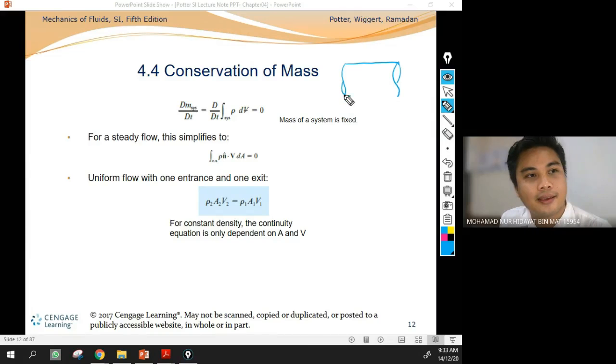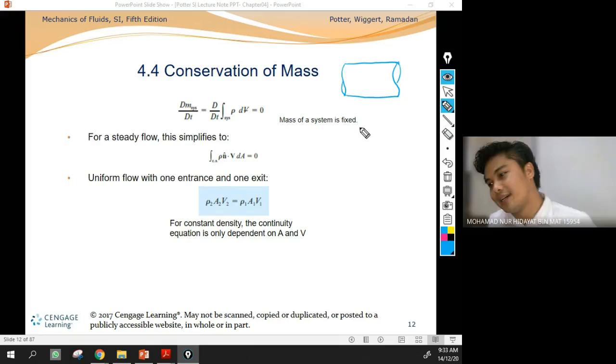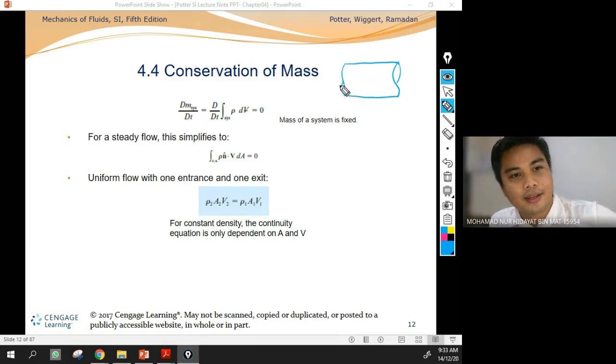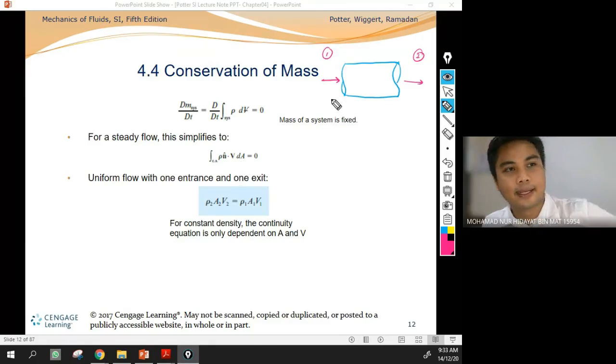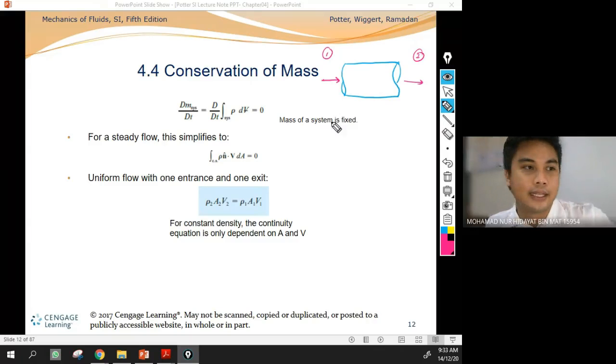Okay, this is the cylinder. The water coming in and coming out. Point number 1 and point number 2. All right. So remember that any flux out of the system is positive. Any flux into the control volume is negative.